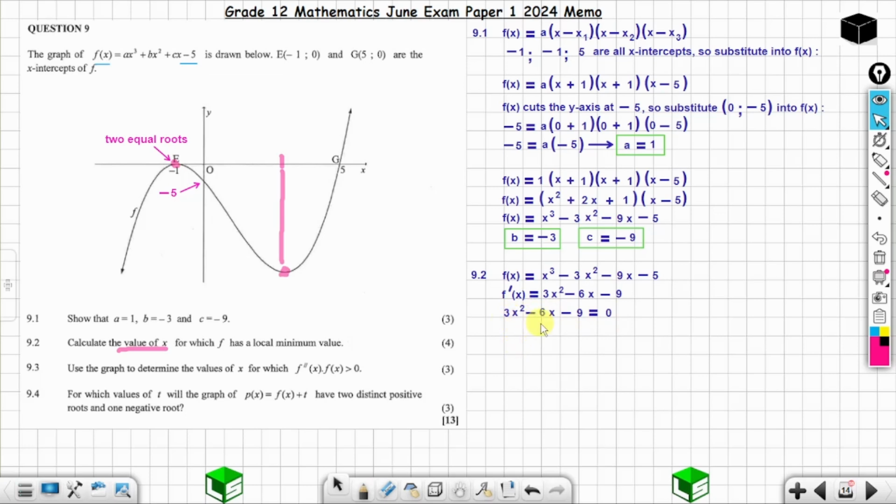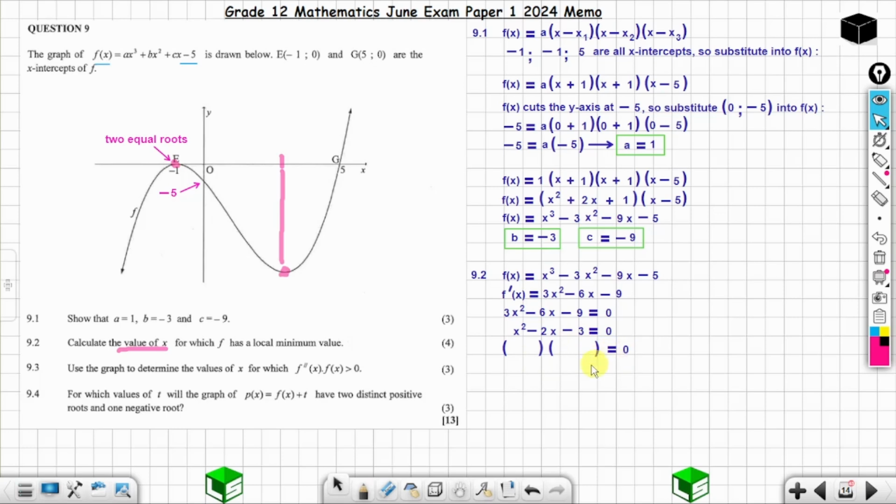Okay, so you can divide by 3 throughout. You are going to have x squared minus 2x minus 3 equal to 0. Now factorize.